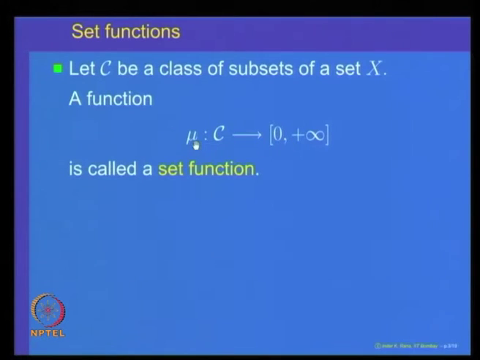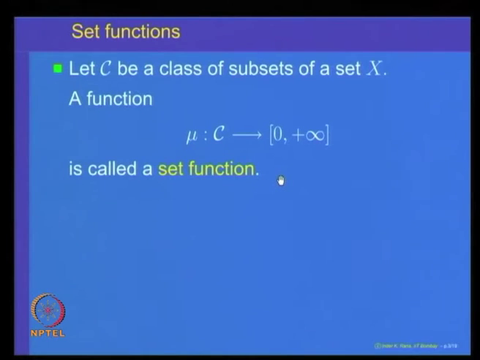Such a function mu defined on this collection C of subsets of a set X, taking values in non-negative extended real numbers, is going to be called a set function. So, it is a function whose domain is a collection of sets. That is why it is called a set function.